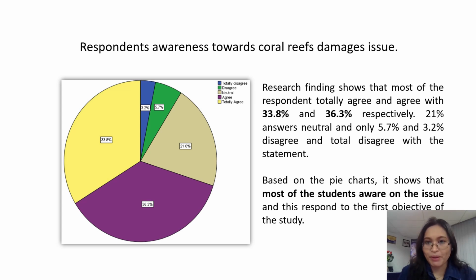Based on this pie chart, we can see that 33.8 and 36.3 percent respectively totally agree regarding their awareness of the coral reef damage issue. It means most of our students are aware of this issue.